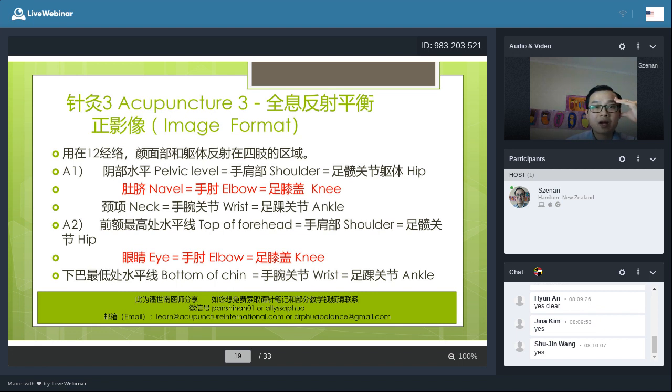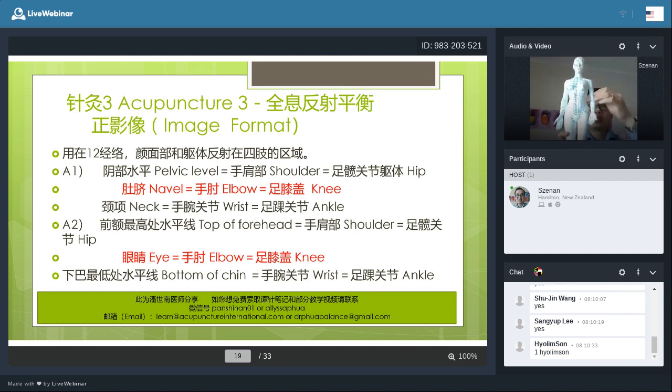All right, we're going to talk about image format. Image is actually easy, right? We talked about mirror: hand balances hand, hand balances legs, legs balance hands. In image format, we're talking about the 14 meridians, including Ren Mai and Du Mai.